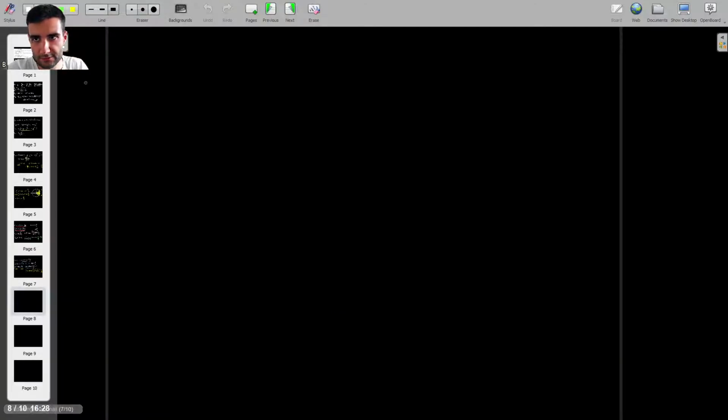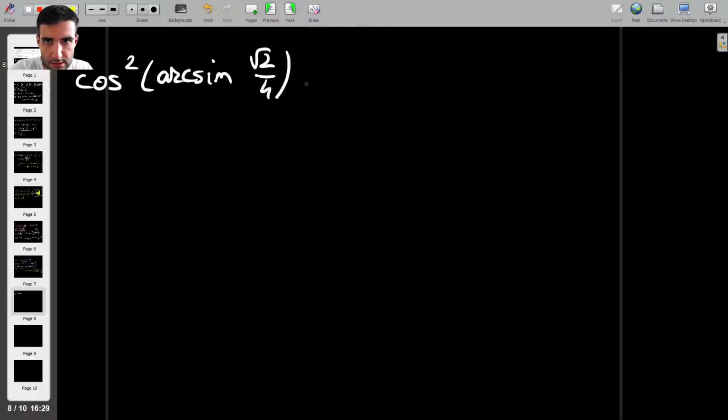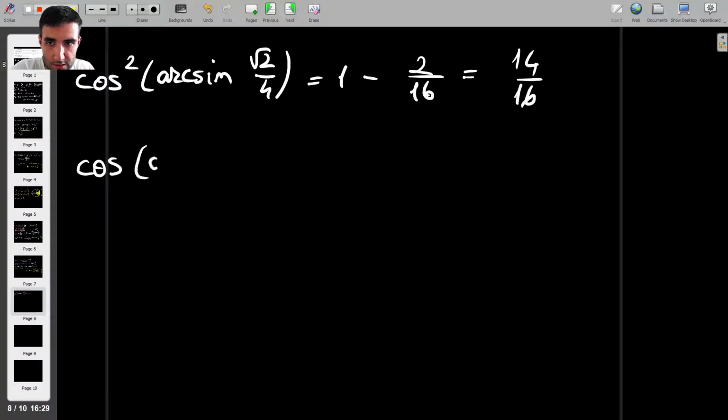Which means that the first term, the one that we're interested in, the cosine squared of arcsine of root 2 over 4, is going to equal 1 minus 2 over 16, which is 14 over 16. So the cosine of arcsine of root 2 over 4, okay, we're just going to take the square root of the right hand side, and that's going to be the square root of 14 over 4.